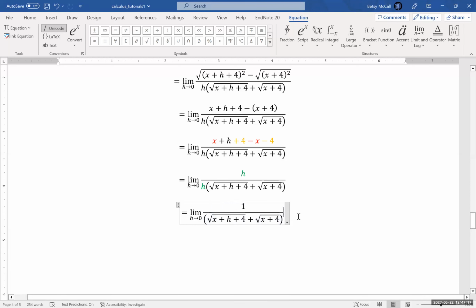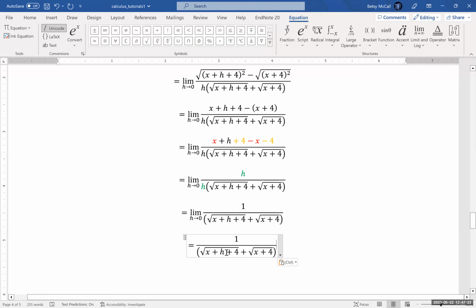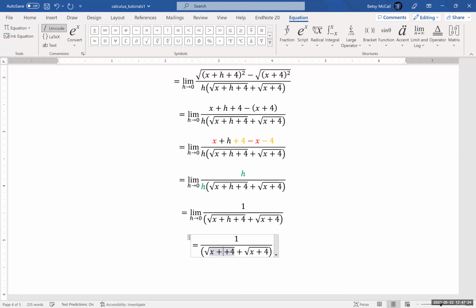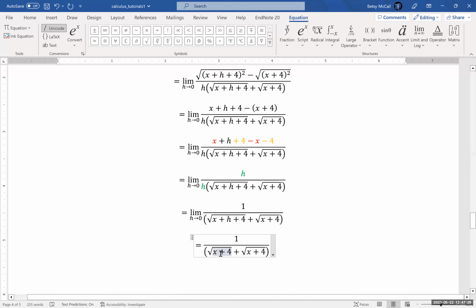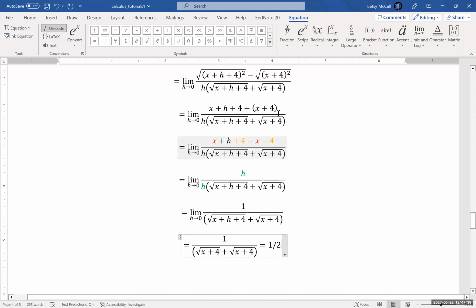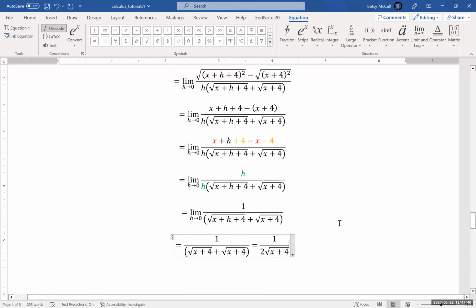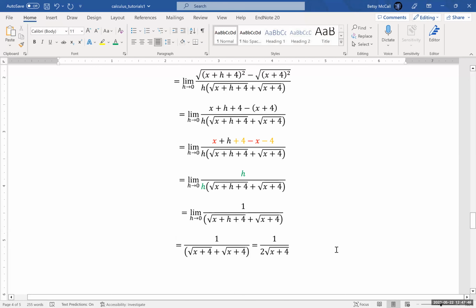And when we do that, we can drop the limit because we're applying it. H is 0, makes that disappear. And notice what we have in the denominator now. We have 2 expressions that both are the square root of x plus 4. And so we're left with 1 over 2 times the square root of x plus 4, which is what we were expecting.